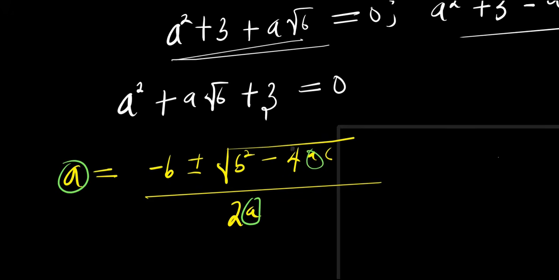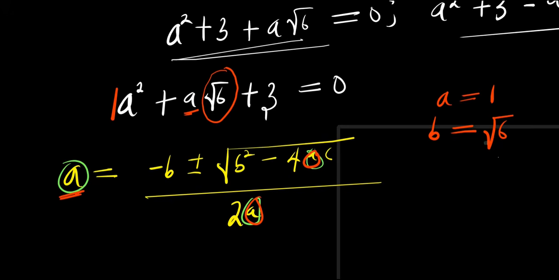Don't forget that. Our a here is 1, which is the coefficient of this a squared, right? And also b is root 6, which is the coefficient of the a that we are solving for. Then c equals 3, which is the constant.